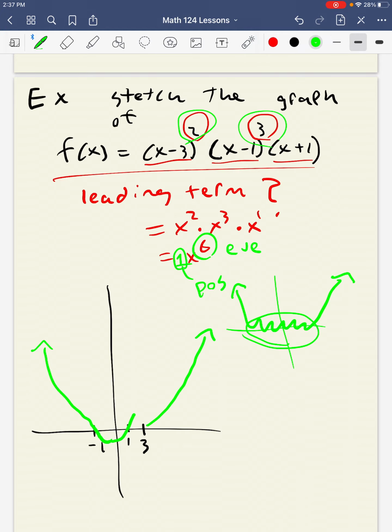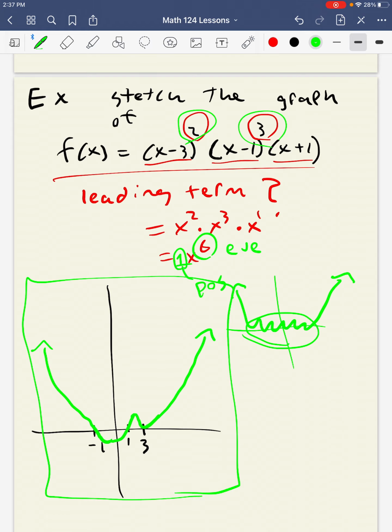So we cross through there. What's the multiplicity of this? We get a 0 if you plug in the 3. The multiplicity is even, so therefore you bounce off of this. And that's a rough sketch of the graph. So this knowledge is pretty convenient. We can sketch some really complicated polynomials just by factoring.